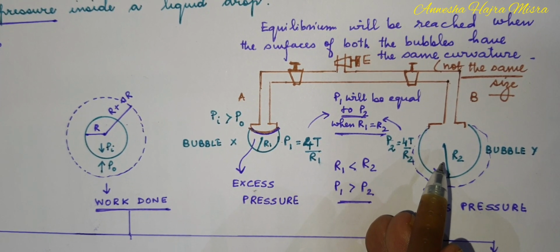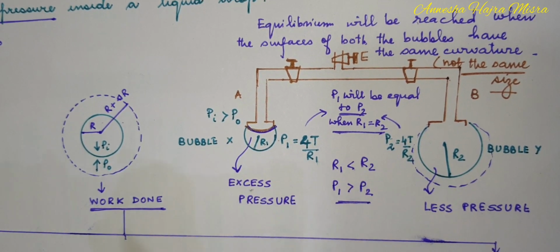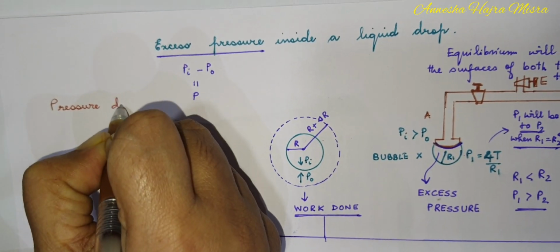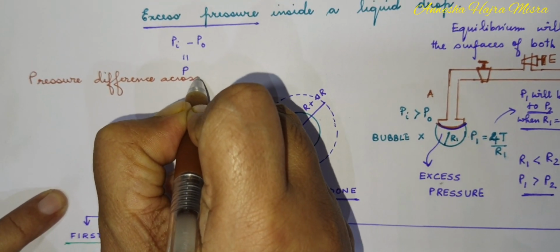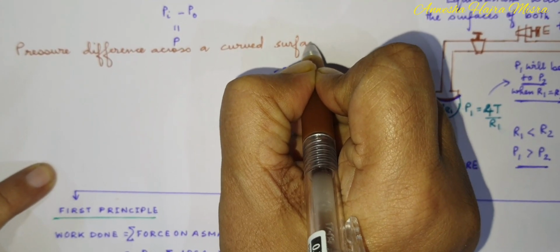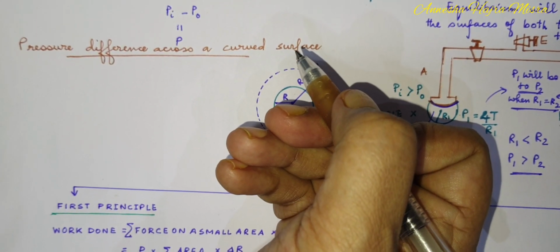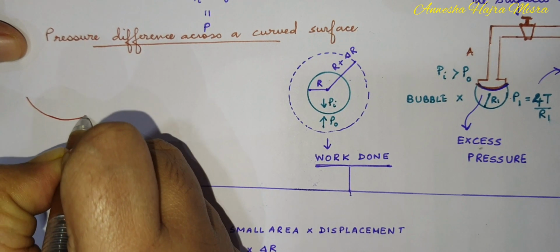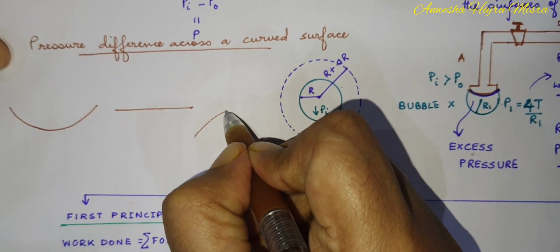Now, if this concept is extended to the excess pressure or the pressure difference across a curved surface, you may have a liquid surface like this, or like this, or like this.